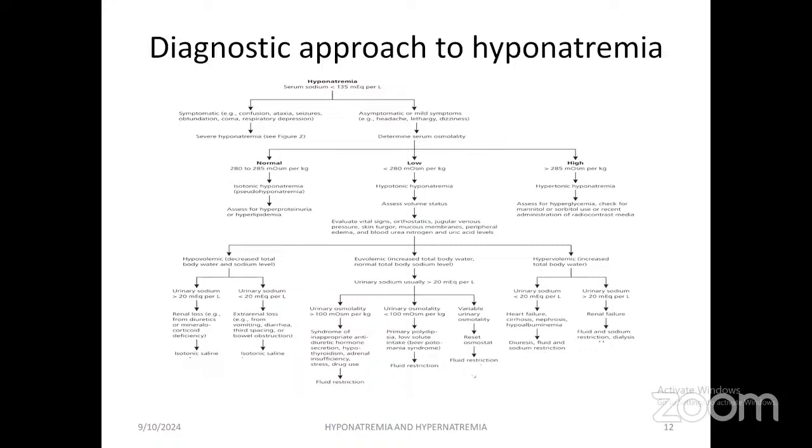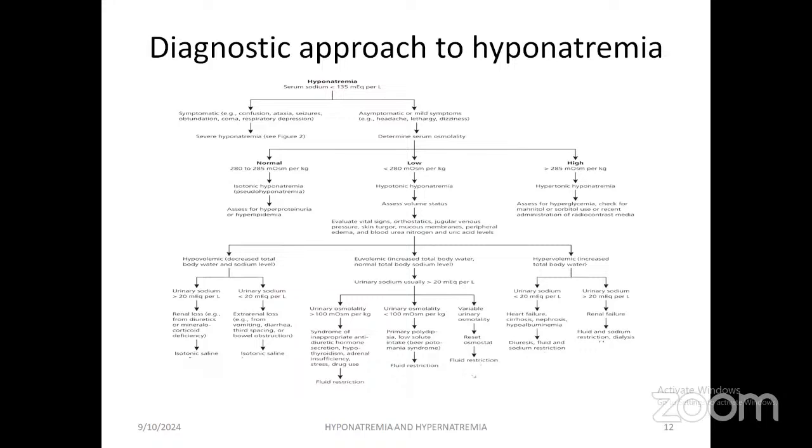If it is greater than 20 milliequivalents, that means there is renal loss, for example, diuretics or mineralocorticoid deficiency. If urinary sodium is less than 20 milliequivalents per liter, it is because of extrarenal losses, for example, vomiting, diarrhea, pancreatitis where there is third spacing, or bowel obstruction.